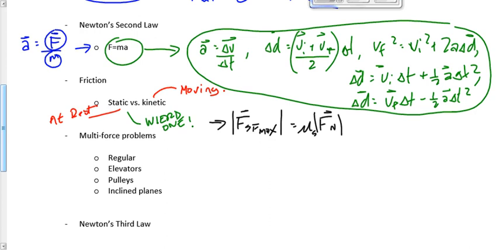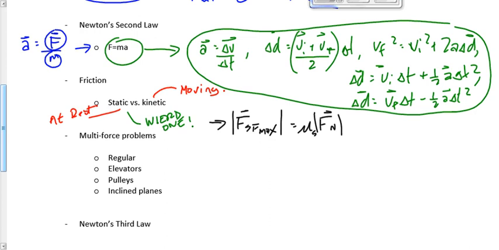It means that that's the maximum that static friction could be. If I was to calculate this value here, F_sf max, and get 50 newtons, the force of static friction could easily be 30 or 20 or 2. It's just that the most it could be would be 50. Whenever we calculate F_sf max, we're getting the most that it can possibly be. And that's why I say it's the weird one.